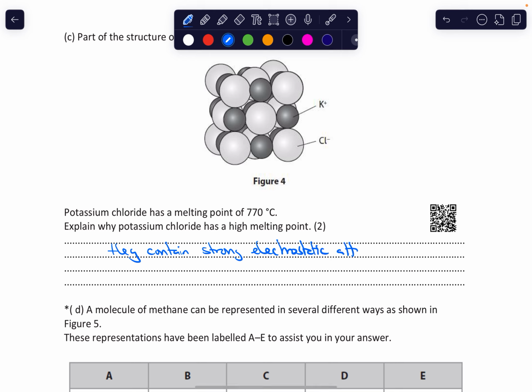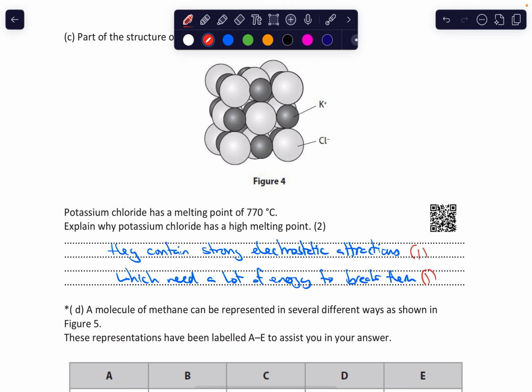So if you remember, that means that opposite charges attract. And because they are strong, they need a lot of energy to break them. 2 marks, 1 mark for each sentence.